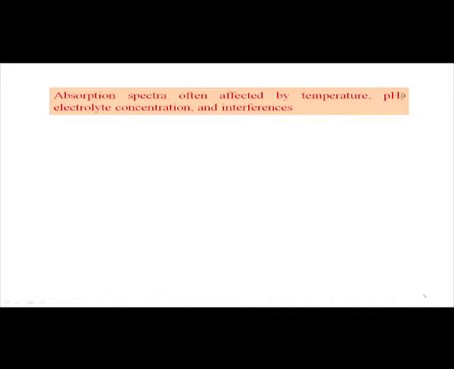Suppose we are recording an absorption spectrum of a colored solution of a weak organic acid. If we change the pH, we know the different proportions of the acid and its corresponding conjugate base will change, and depending upon their relative concentrations, we will see how pH can change the absorption spectrum.